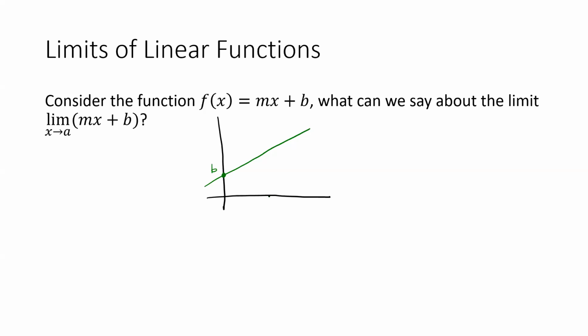So what happens as x approaches a? Well, a can be any random point here. And as x approaches a, it's just going to approach that point on the line.